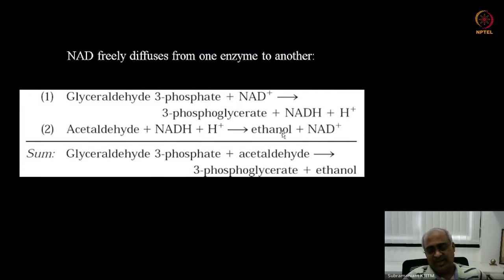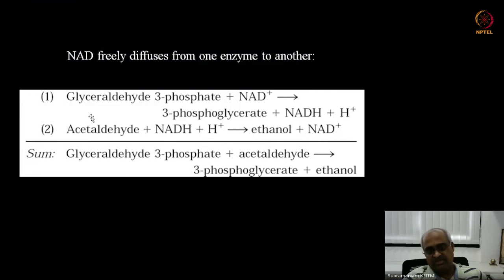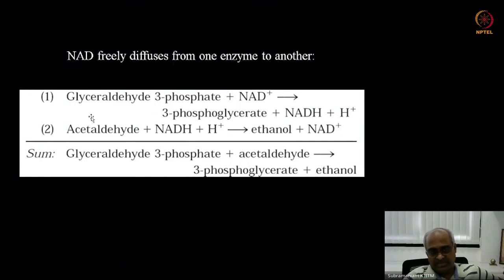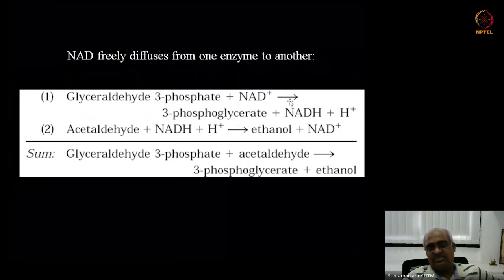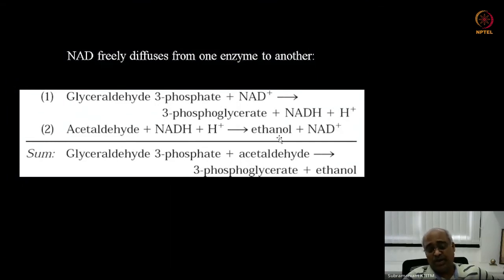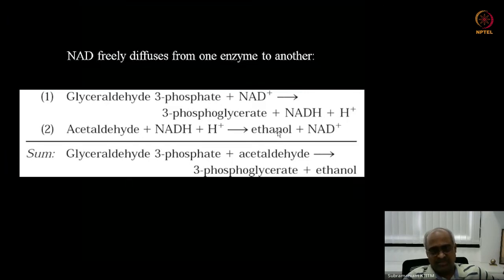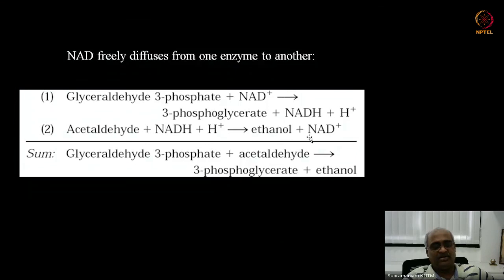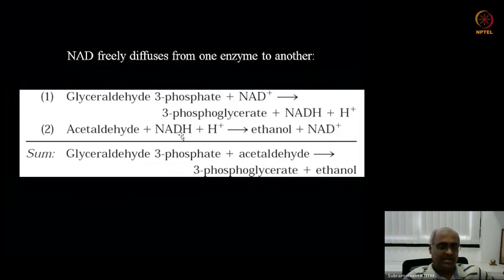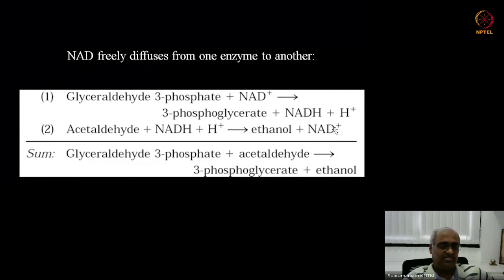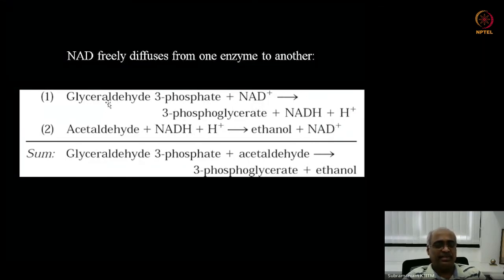Here it is a single bond OH, so this is more reduced, and the electron for that is coming from NADH plus H plus, which has lost a hydride and then becomes NAD plus. So it can diffuse from one enzyme to another enzyme.